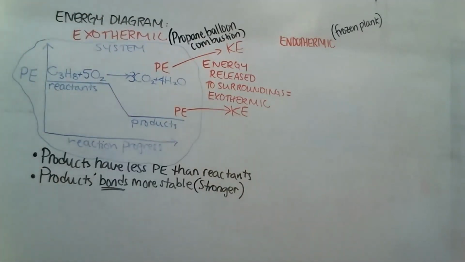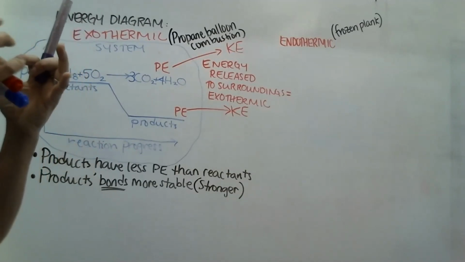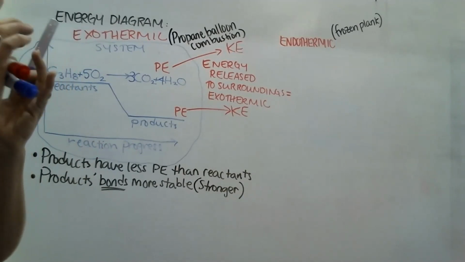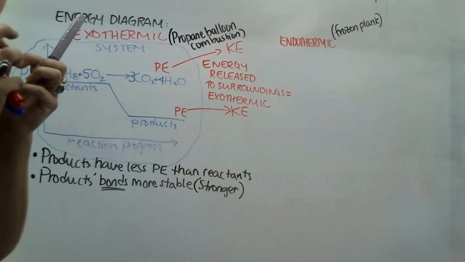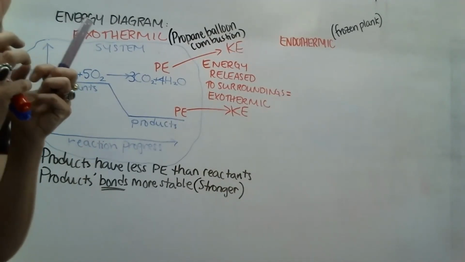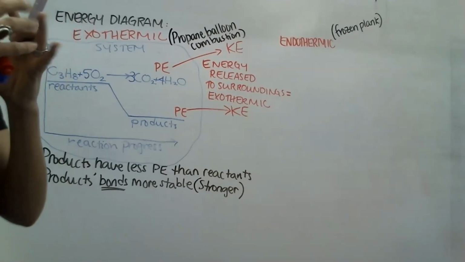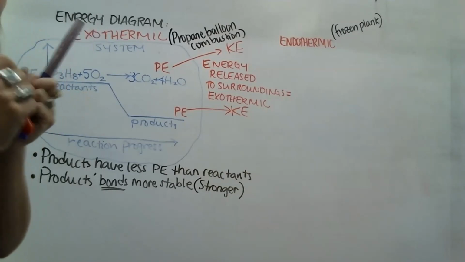So the stronger the chemical bonds, the less the atoms are able to move about each other, the more rigid they are. So the stronger the chemical bonds, the more stable, because they're not as loose and able to flow around. Okay, so the stronger bonds are more stable.